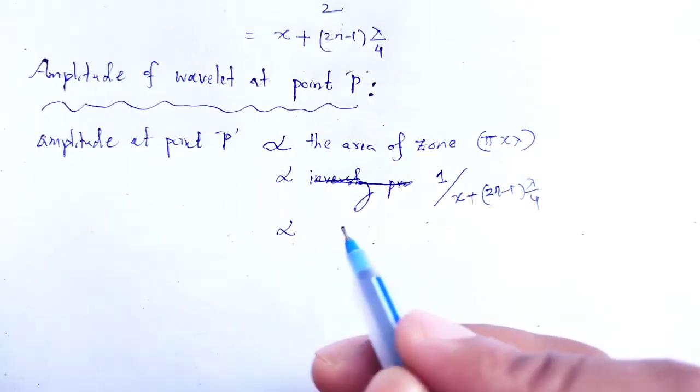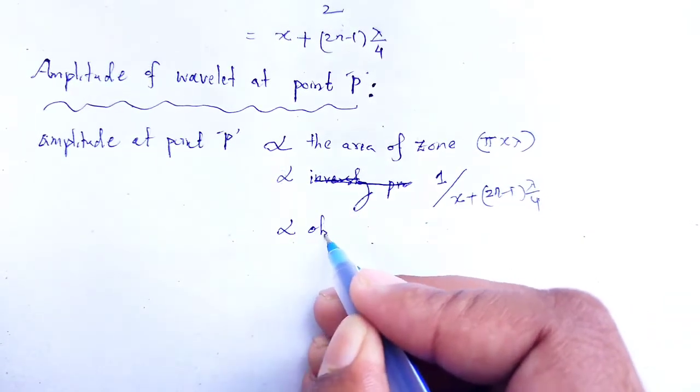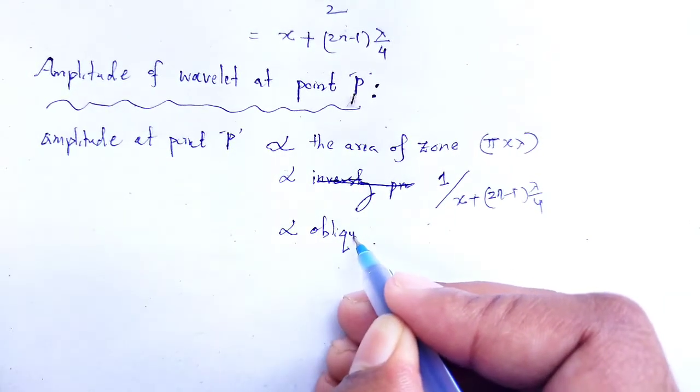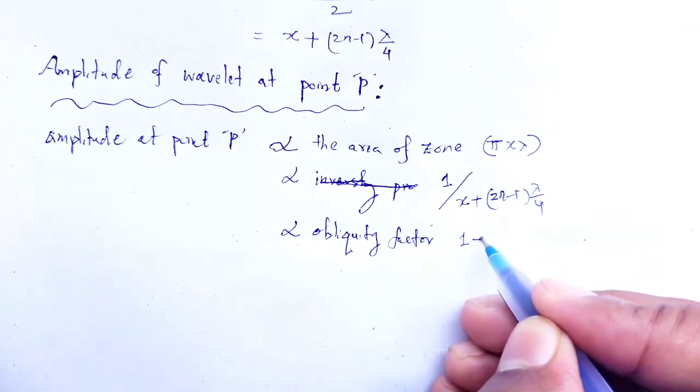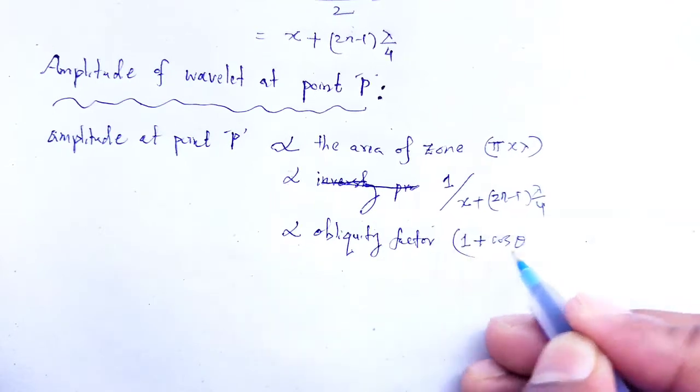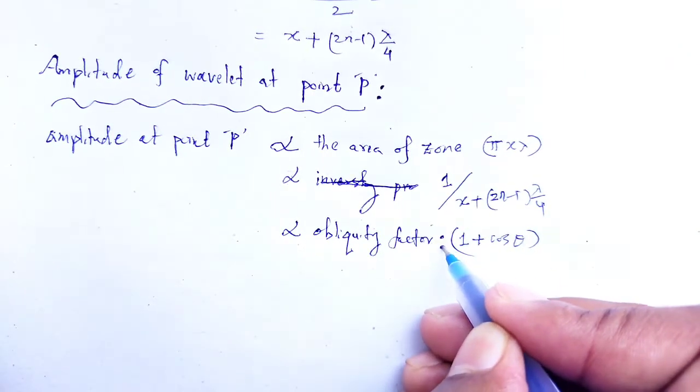Again, it is directly proportional to the obliquity factor, which is 1 plus cos theta.